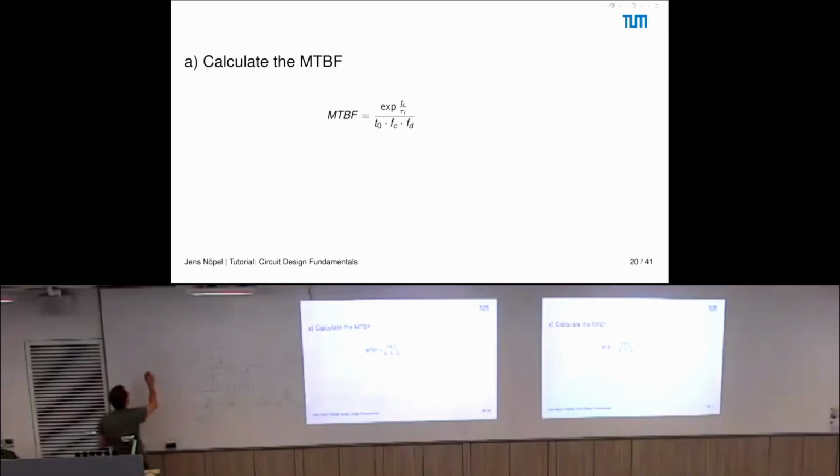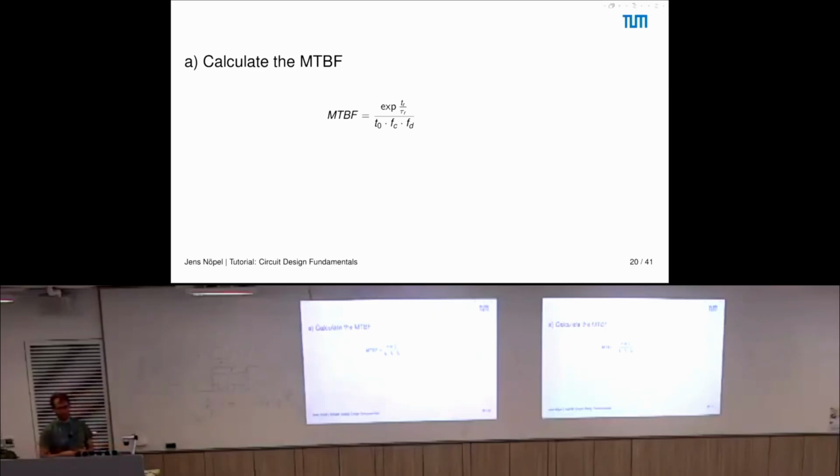So we have one flip-flop that runs with a clock from the clock domain Fd, and then we have a sampling clock that runs in the Fc clock domain. Okay, you don't need to remember the exact form of this function. I hope this helped a little bit to understand why it looks like that, and the meaning of the different parts of the function. If not, please feel free to ask.